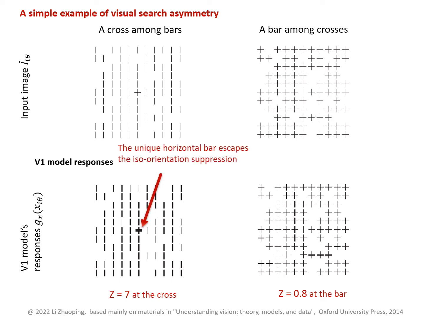The horizontal bar in the cross is uniquely horizontal, so it escapes the iso-orientation suppression from the neighboring vertical bars, evoking a relatively higher response. The target bar is not uniquely vertical in this image, so it is under iso-orientation suppression from the neighboring vertical bars in the neighboring crosses.